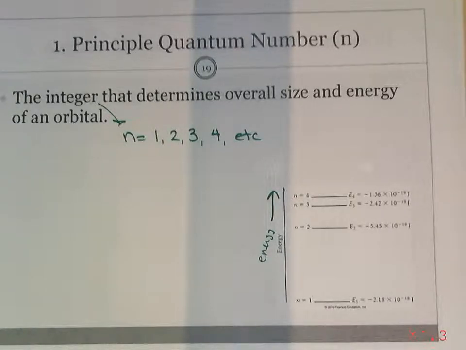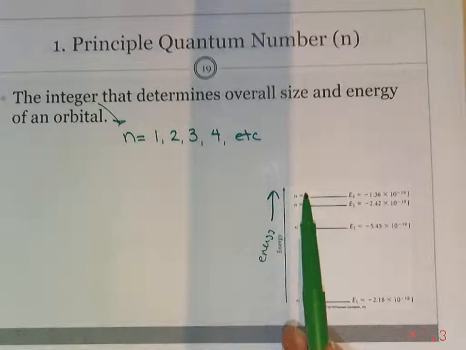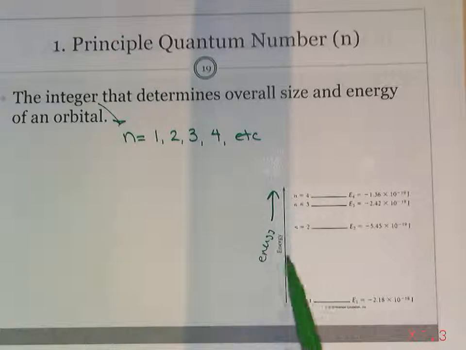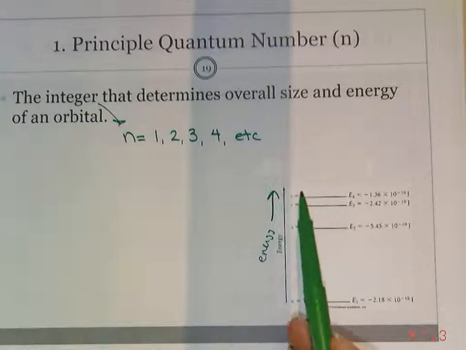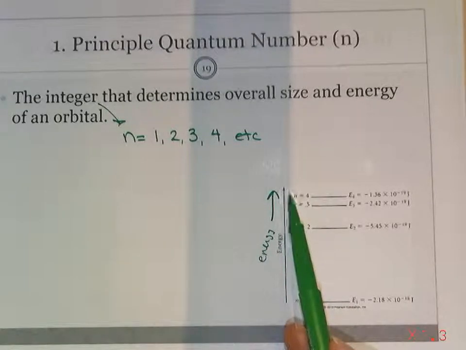And I have different locations that the electron can be in. I can have n equal 1, 2, 3, 4, right? And as I go up in number, the energy gets higher. So just like we had in that picture, where the farther away I am, more energy. More energy to either push it out or more energy released to drop it back in.